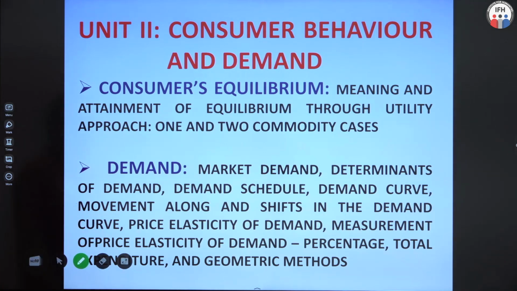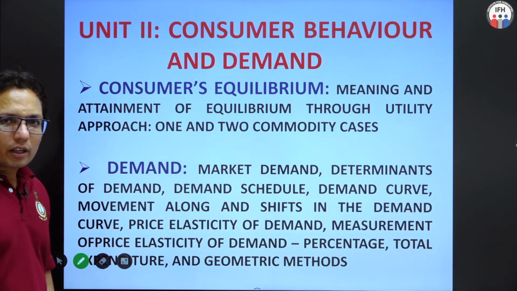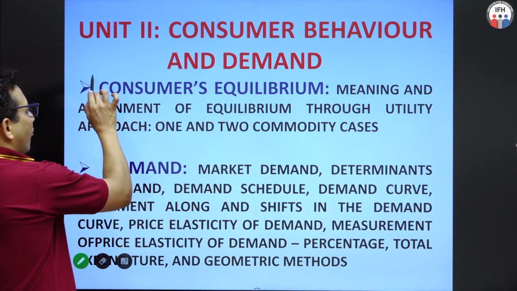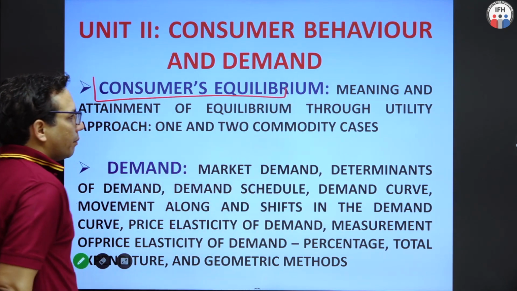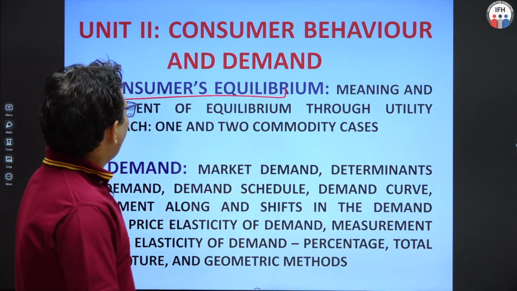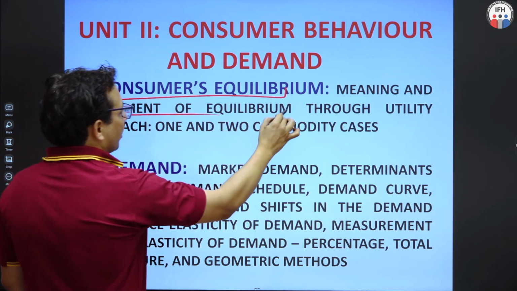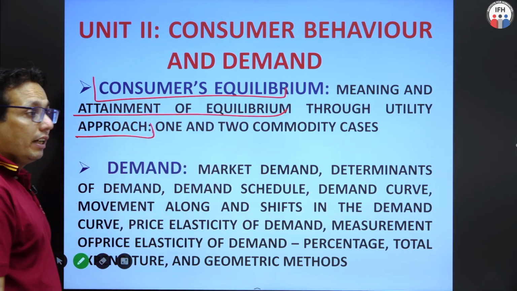The second unit is consumer behavior and demand. In this unit, we will be discussing consumer's equilibrium, consumer satisfaction, the meaning and attainment of equilibrium through the utility approach, and what utility is.